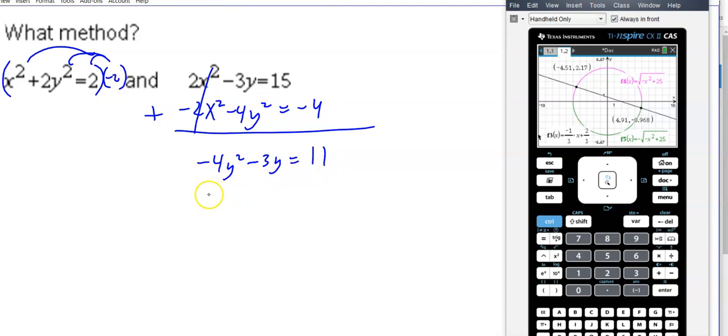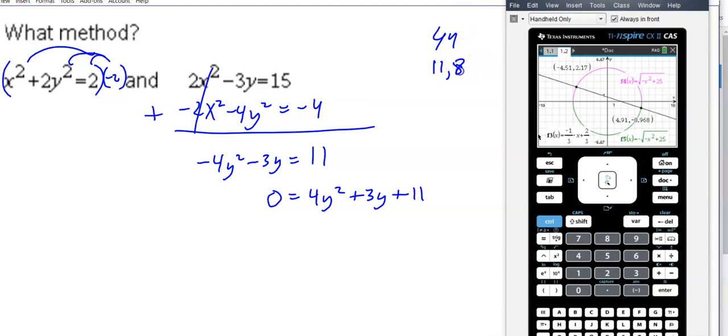That's nice. I'm going to get everything over to the right-hand side there. So 0 equals 4y squared plus 3y plus 11. So factors of 44 that add up to be 3. So I think 11 and 8 could work.